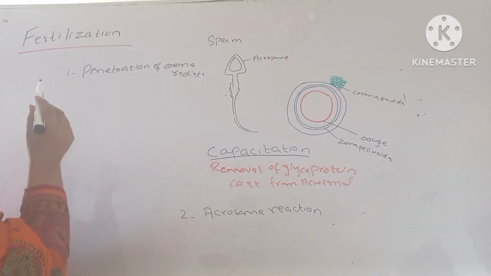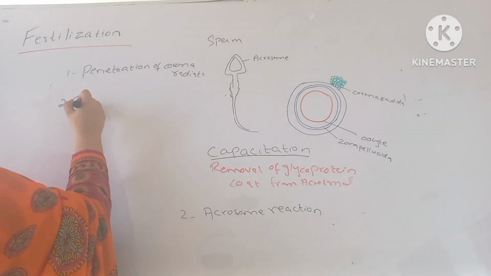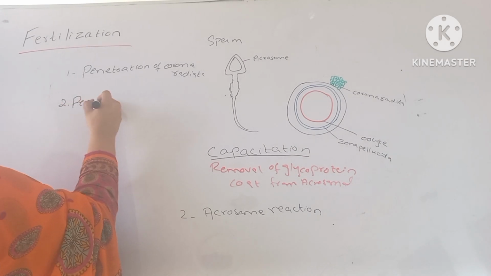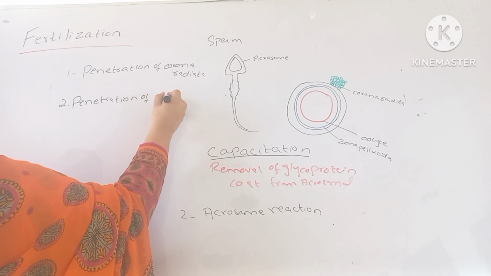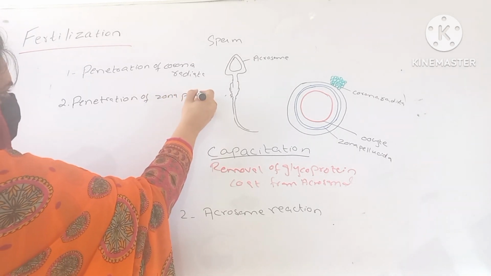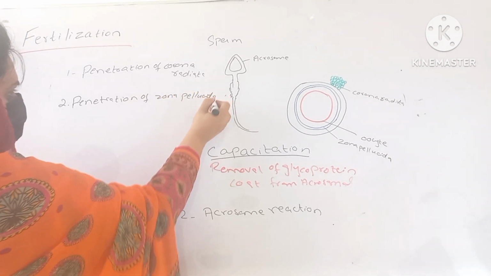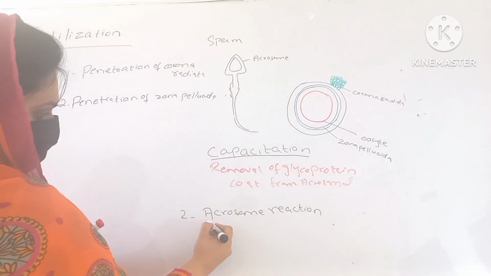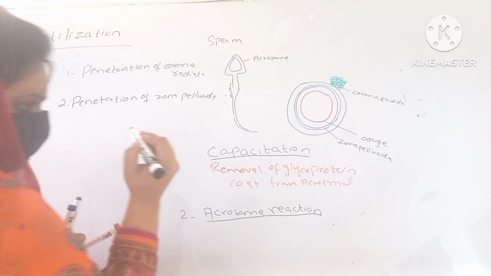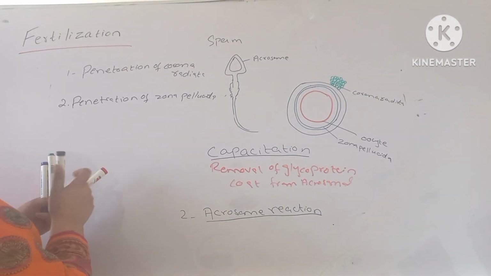The second step of fertilization is the penetration of the zona pellucida. What reaction must occur for zona pellucida penetration? This is the acrosomal reaction. Now what is the acrosomal reaction?